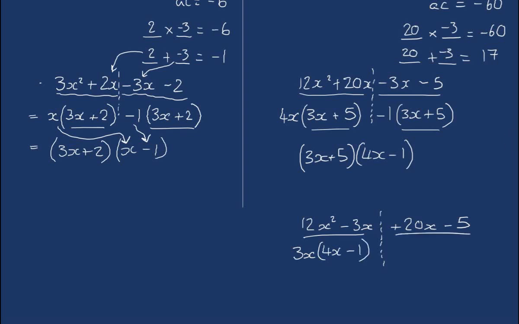Okay, and what's common to both of these terms? 5, and I would times that by 4x, and a minus 1 to get minus 5. And you can see that this time we've just got the 4x minus 1 in both brackets. It's just that we get the other bracket ready-made. That's the only difference. And in the final bracket will be my 3x from here and my plus 5.